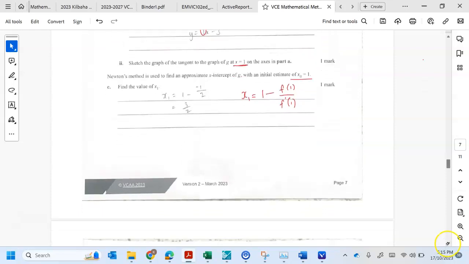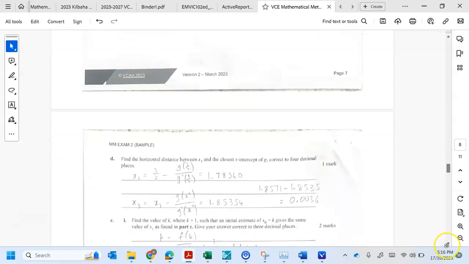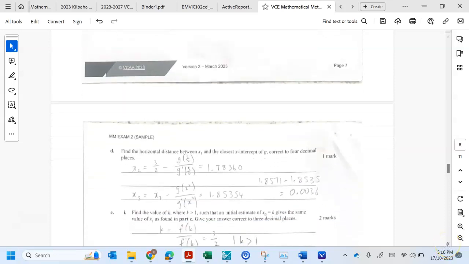All right, going down. Find the horizontal distance between x3 and the closest x-intercept. So again, we're using Newton's method of approximation. So I did x2 and then x3. You don't have to do all that working out because we only need x3.